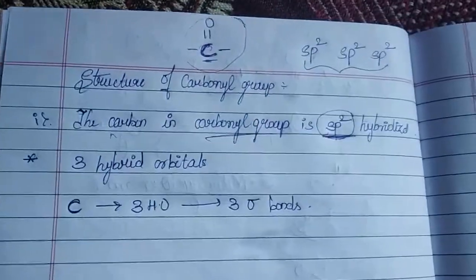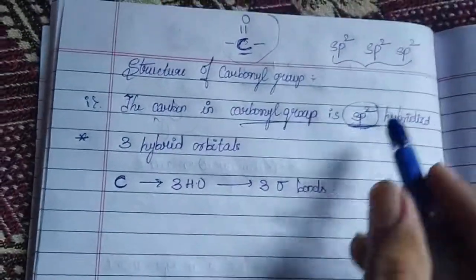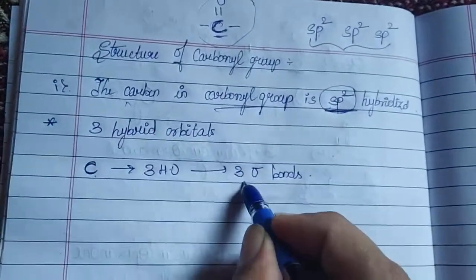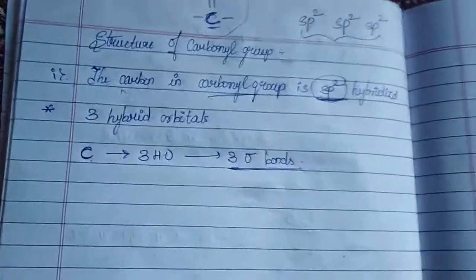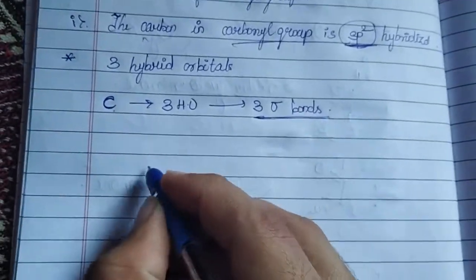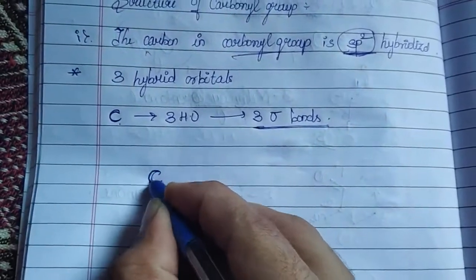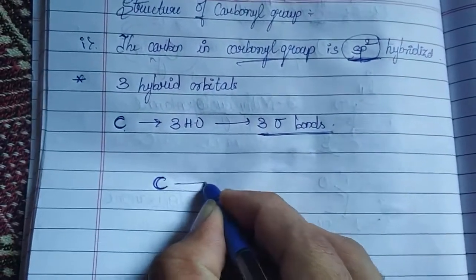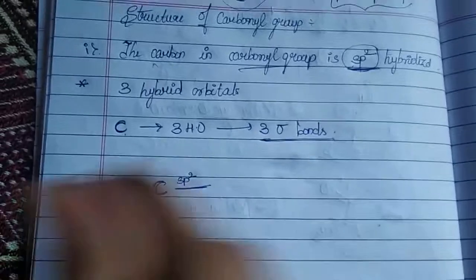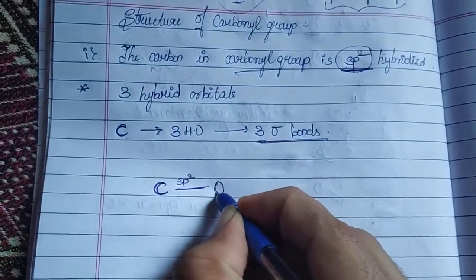So utilizing all those 3 sp2 hybrid orbitals, our carbon is forming 3 sigma bonds. Of course, we can see in the structure. Let me write it once again for you. So this is my carbon. Utilizing one sp2 hybrid orbital, it forms a sigma bond with oxygen.